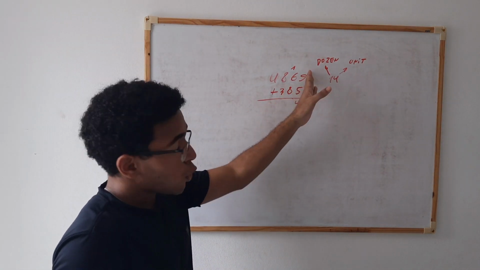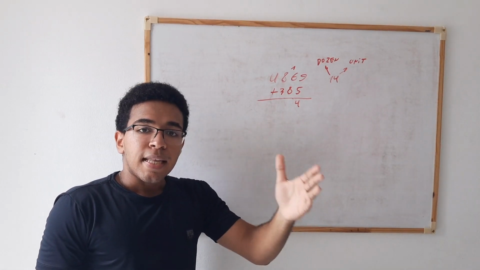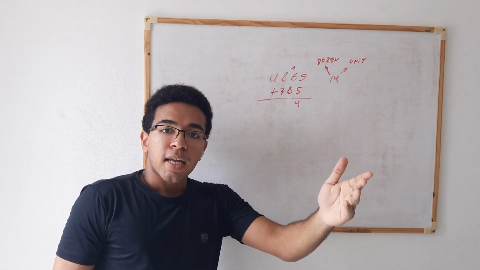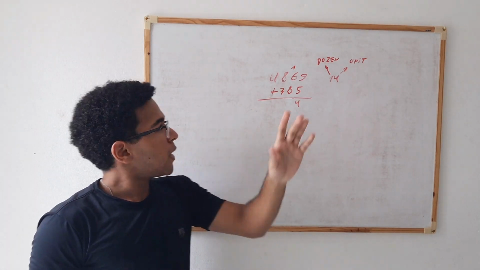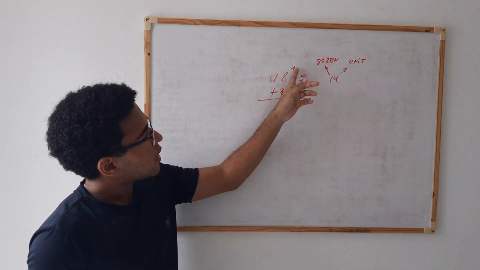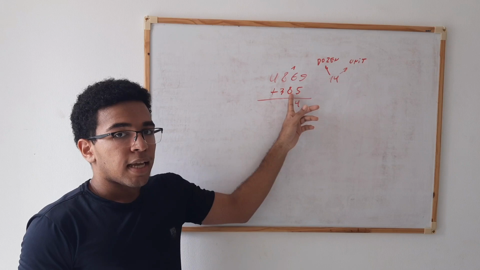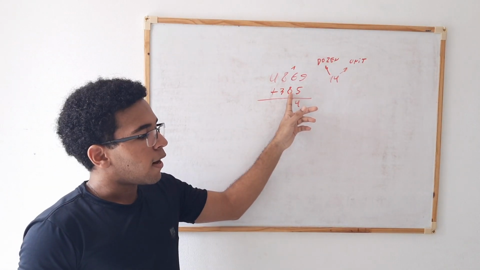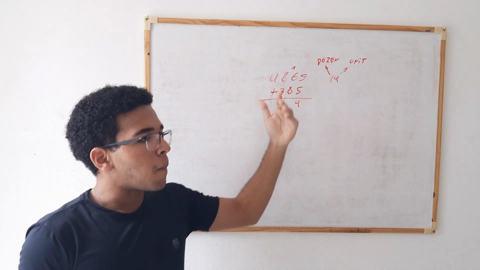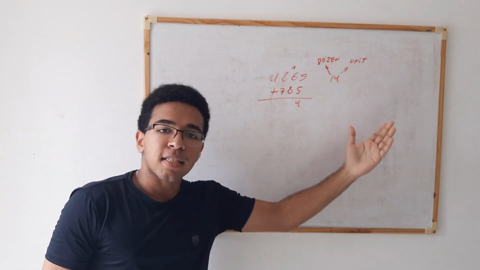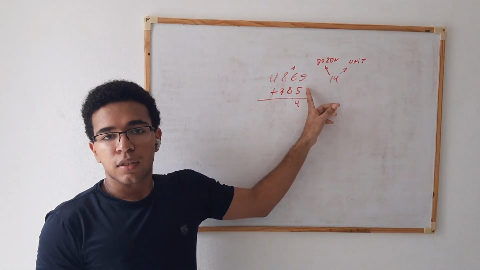So units, when summed, can reach a number that goes beyond the units order, right? But when we have dozens being summed, they can't go back, they can't decrease to the units, okay?